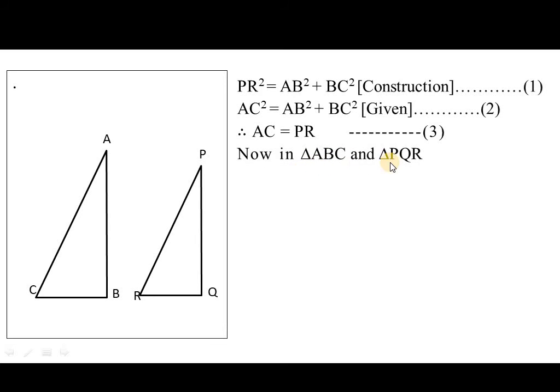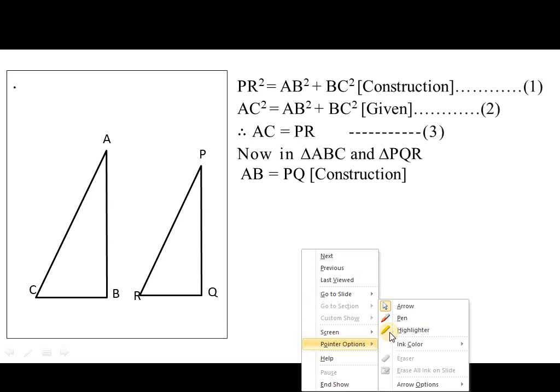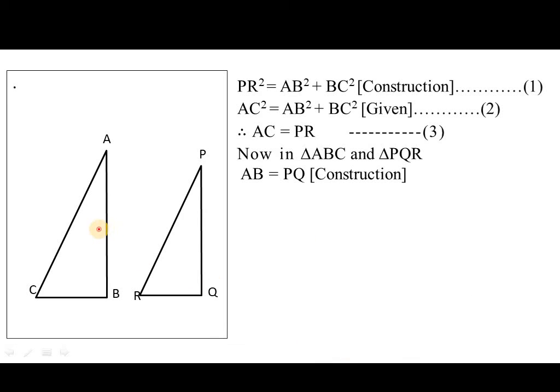Now in the triangle ABC and in the triangle PQR, let us see which corresponding sides are equal. The length of AB is equal to the length of PQ. Similarly, the length of BC is equal to the length of QR.